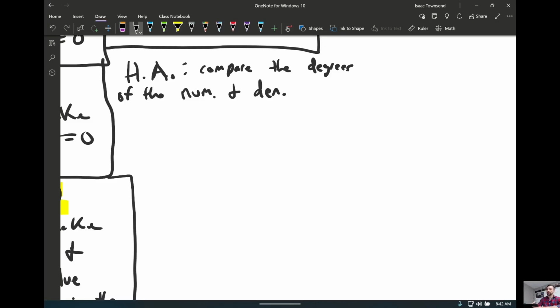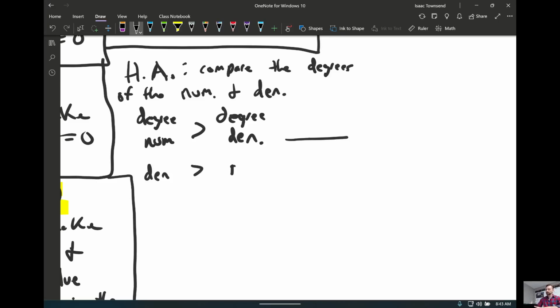If the degree of the numerator is bigger than the degree of the denominator, one thing's going to happen. Or the degree of the denominator could be bigger than the degree of the numerator for a second thing, or the degrees of each could be equal. That's why there's 3 rules, because there's 3 possibilities. The numerator degree could be bigger, the denominator degree could be bigger, or the degrees could be equal.